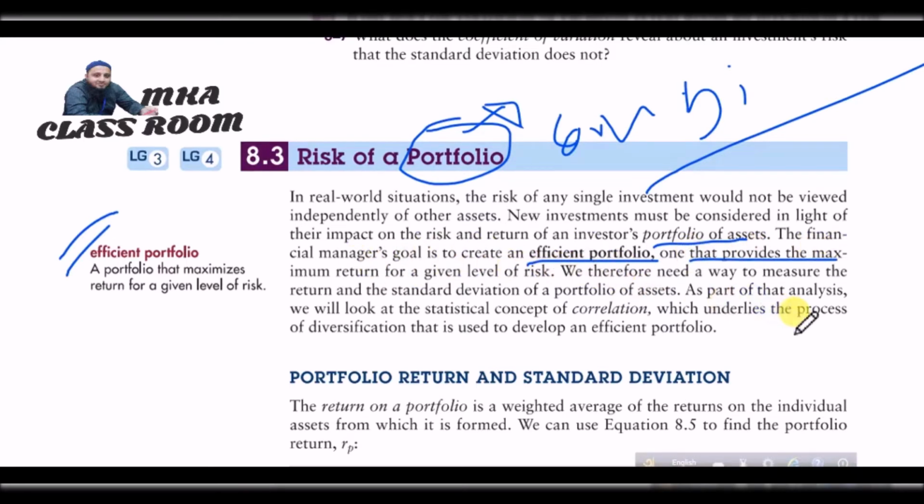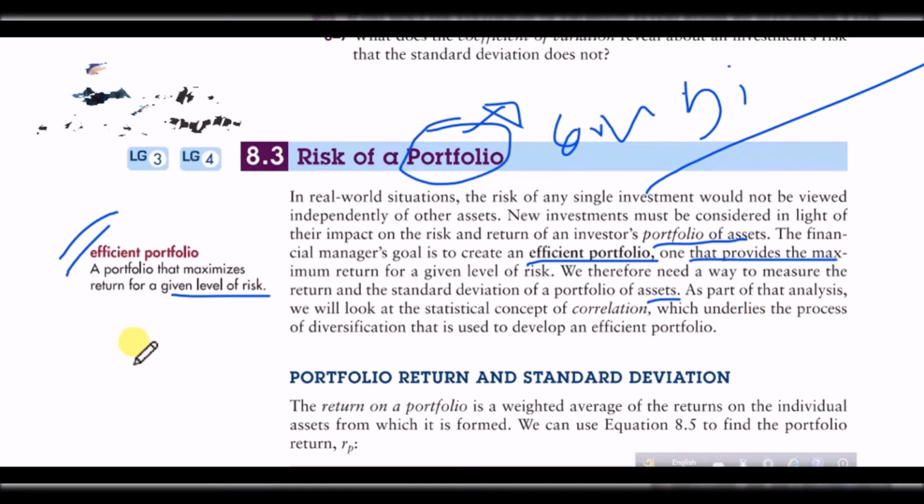We therefore need a way to measure the standard deviation of a portfolio of assets. So, an efficient portfolio maximizes the return for a given level of risk, or you can call it minimum risk, maximum return. That is an efficient portfolio.